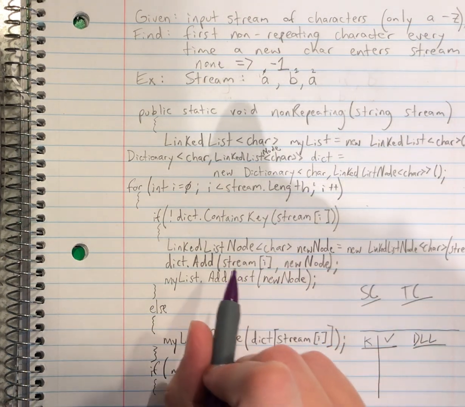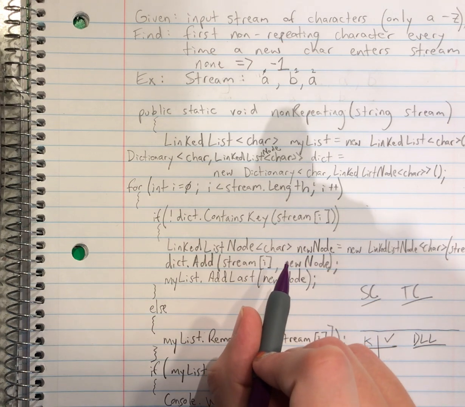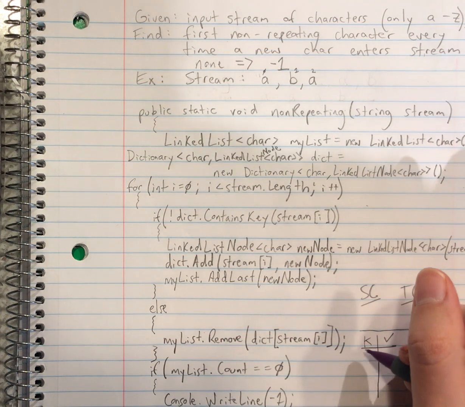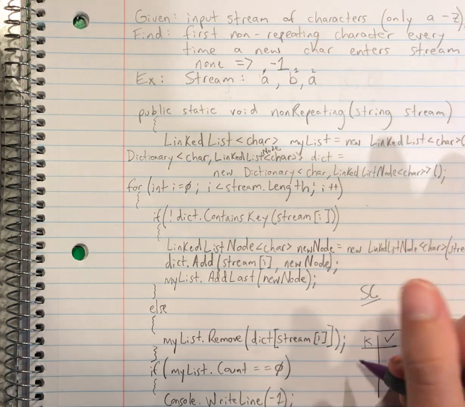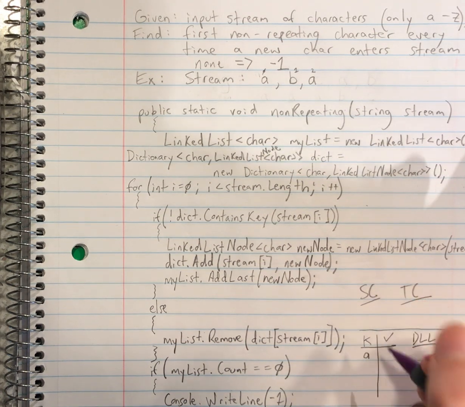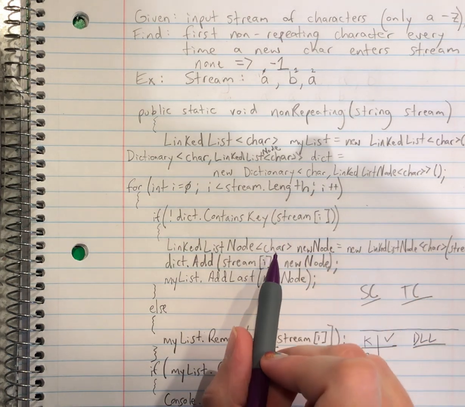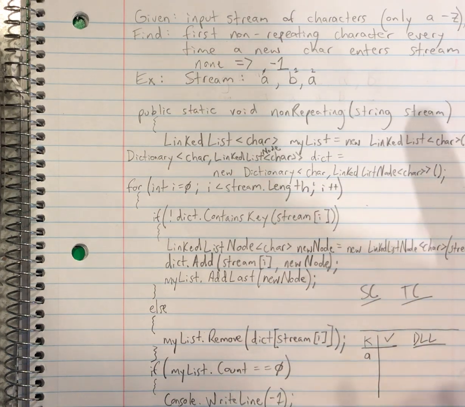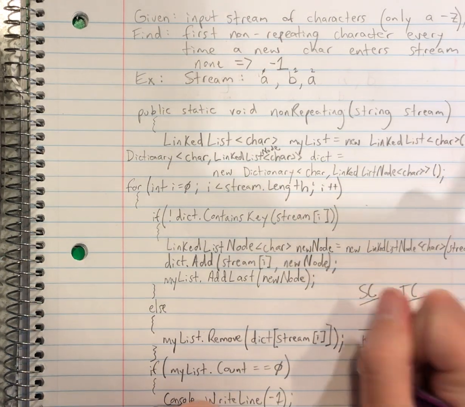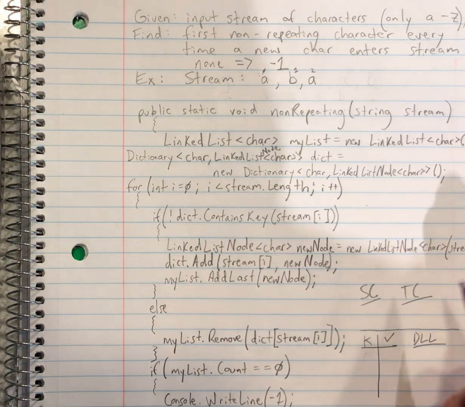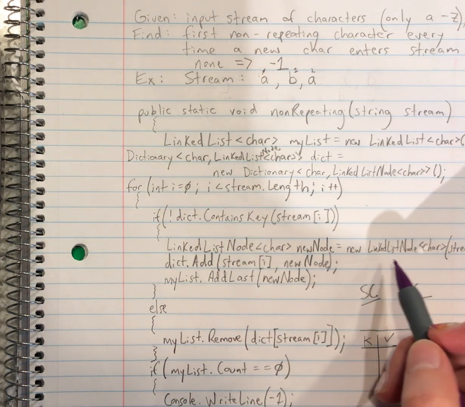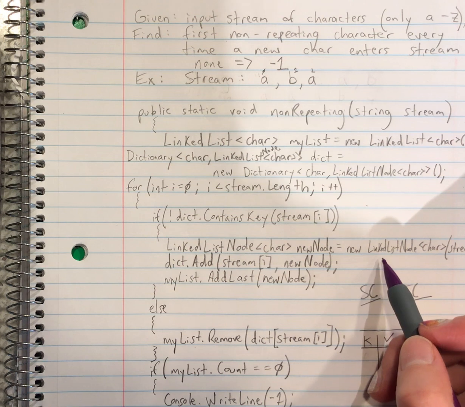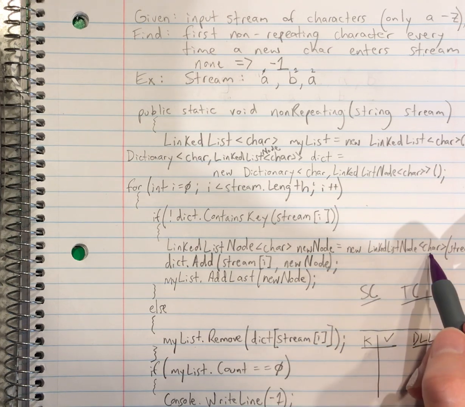So we input A as our key here. Well, first, we don't add it to the dictionary first. First, we create a new node.